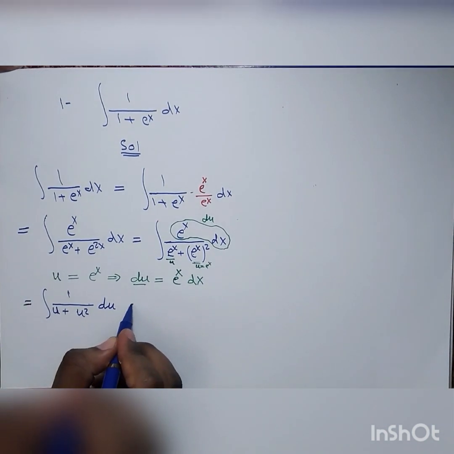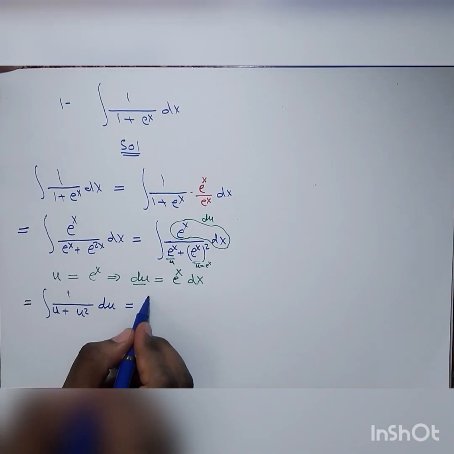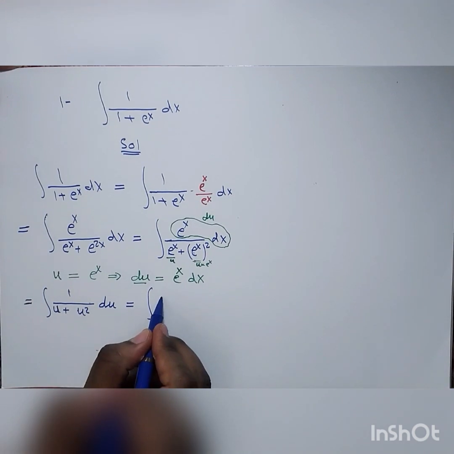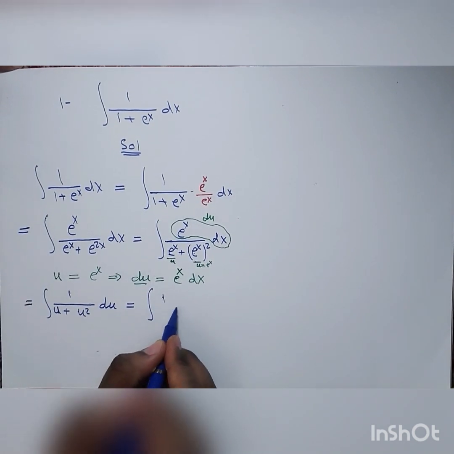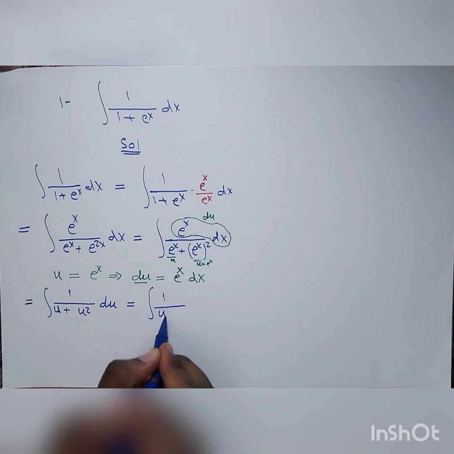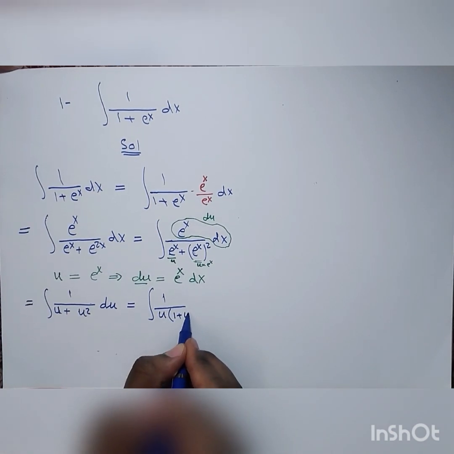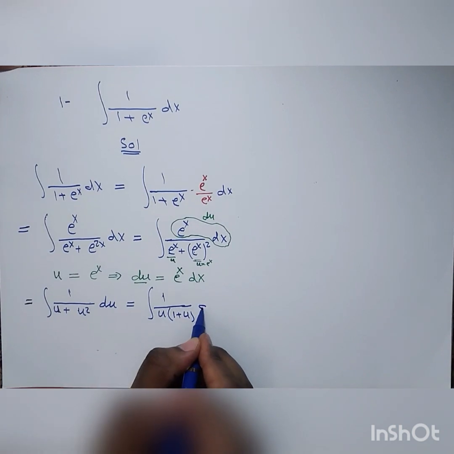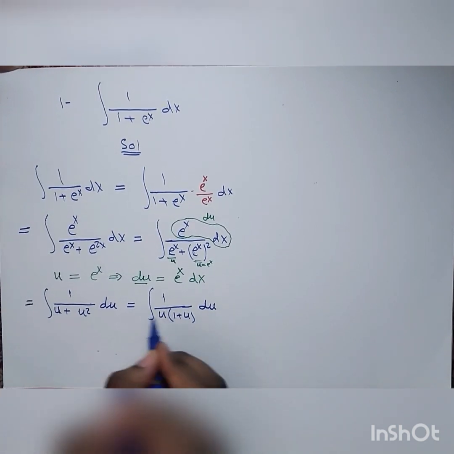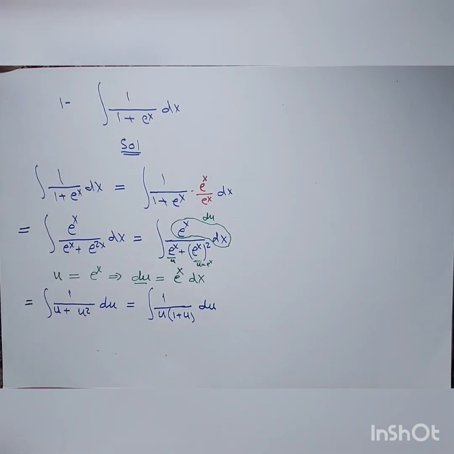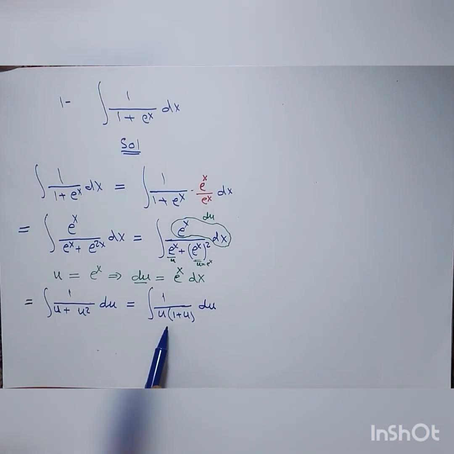We can rewrite it again as 1 divided by u times 1 plus u, and then everything here is multiplied by du. Now the question is, how do we integrate this?